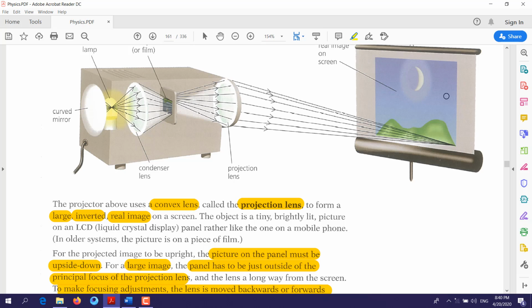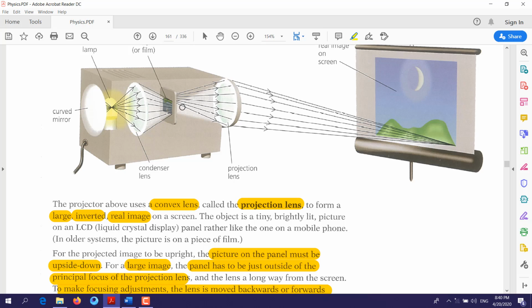Then how will the image be large? If you want to understand it, go back to the last lesson, in the questions, where it was how you can make the image larger. If you remember, I said you will have a lens and a principal focus.